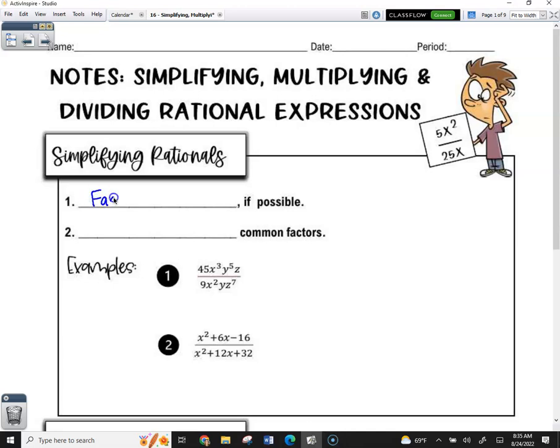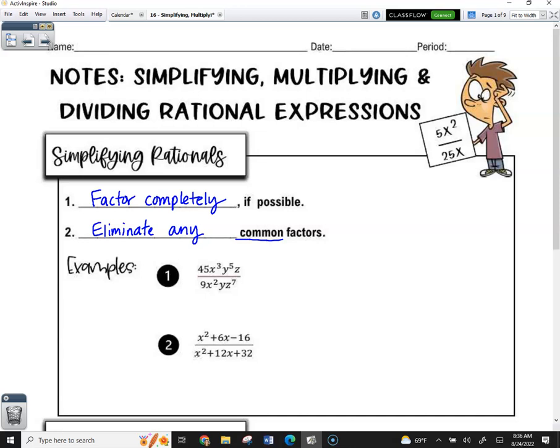Remember to factor completely, and then eliminate any common factors.